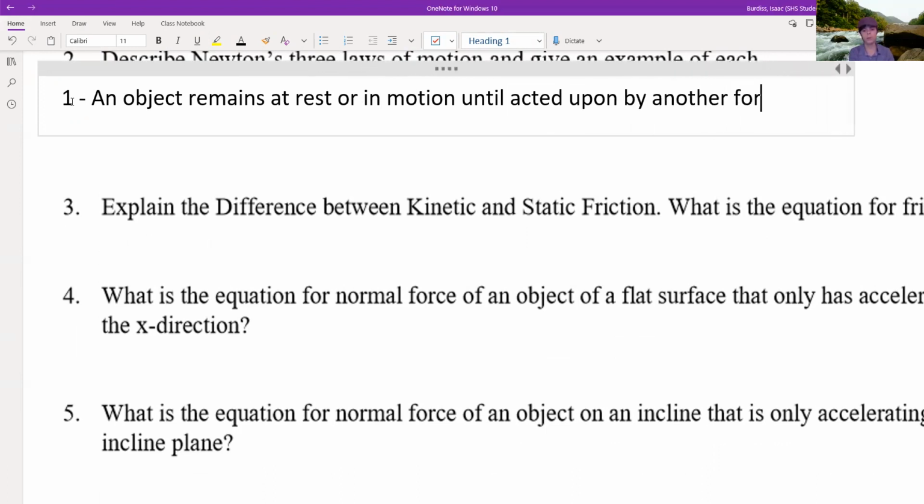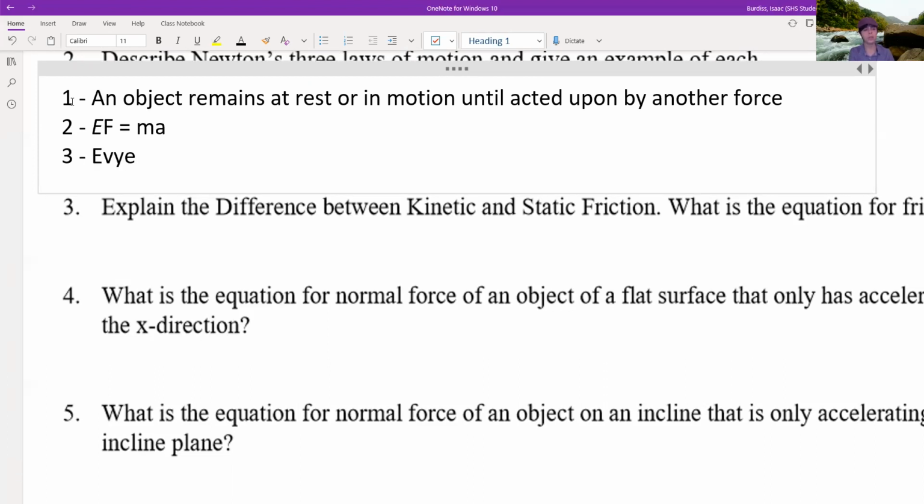By the way, they won't really ask you to state the specific law, but they might say, using a Newton's law, do this. And the second law is the sum of the forces equals mass times acceleration.